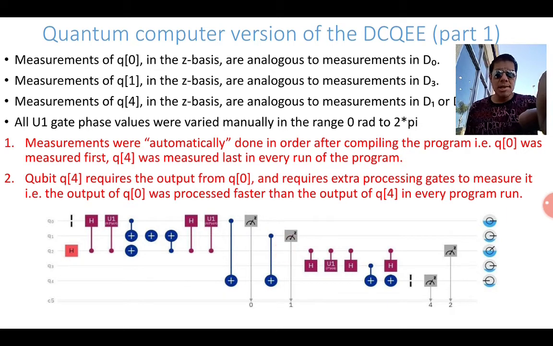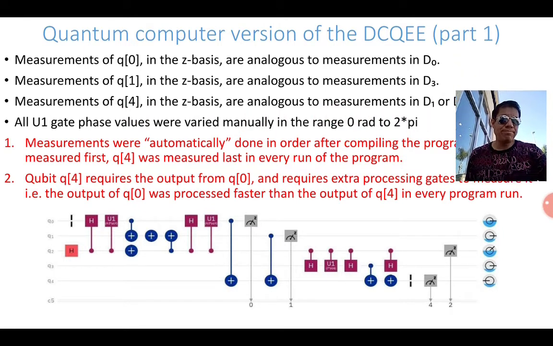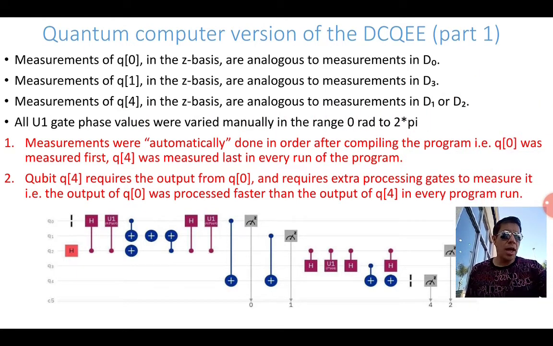Measurements of Q0 in the Z basis are analogous to measurements of D1 and D2, so this one at the bottom is analogous to D1 or D2. As you can see, there are some extra qubits right here, which play another role.